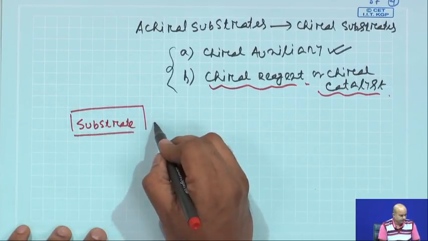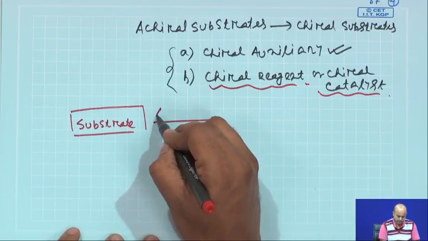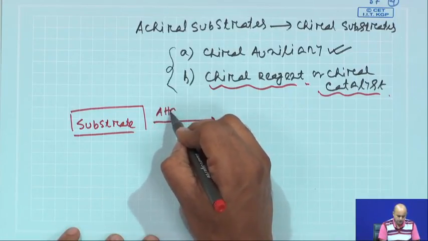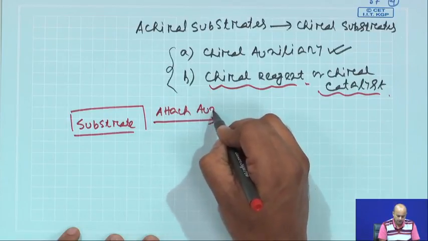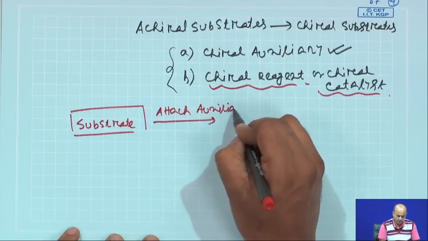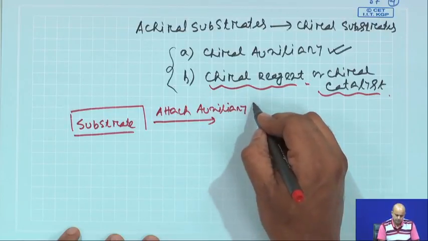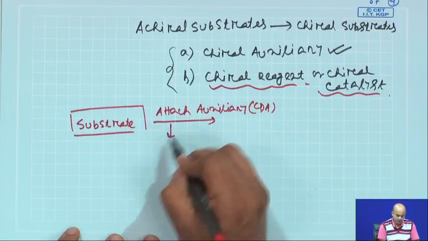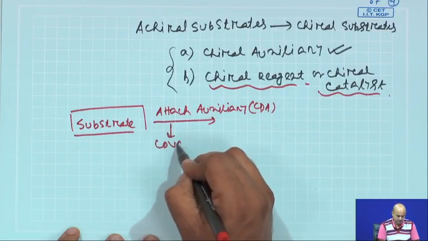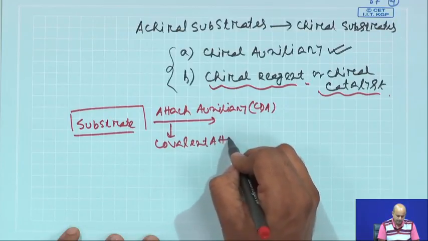First, you attach an auxiliary, or basically do a derivatization with the help of a CDA. It is basically an extension of the CDA technique through covalent attachment.